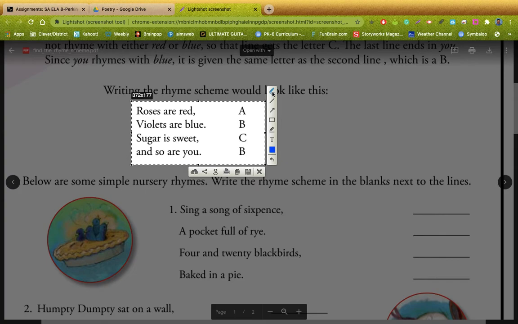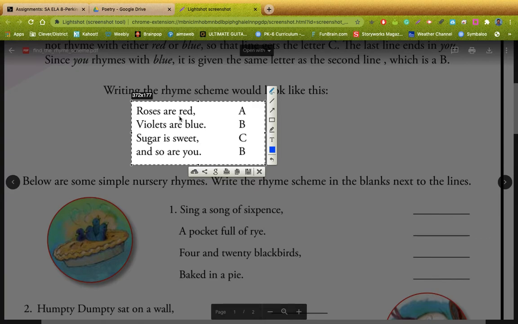Poetry basically has no rules, for the most part. A lot of poetry does have very specific rules, actually, but when it comes to complete sentences and basic grammar and things like that, typically the rules don't apply. But when we're looking at a rhyme scheme, the last word in the line is what we're focusing on. So this first line is roses are red.